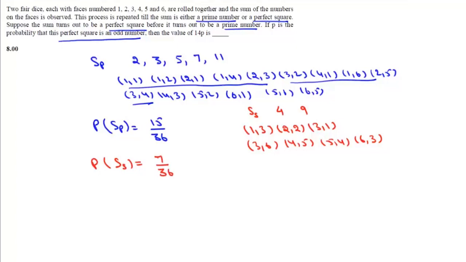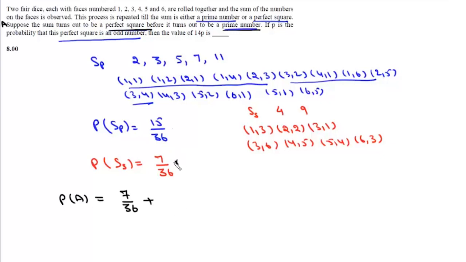Now we have two events. Say this event A, when the sum turns out to be a perfect square before it turns out to be a prime number. So we'll find this probability of A. Now it can be a perfect square on the first roll, so it will be this 7 by 36 plus, now we need to get a second attempt.